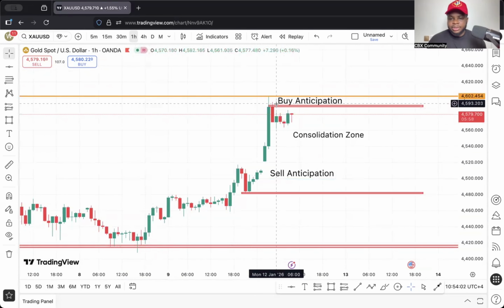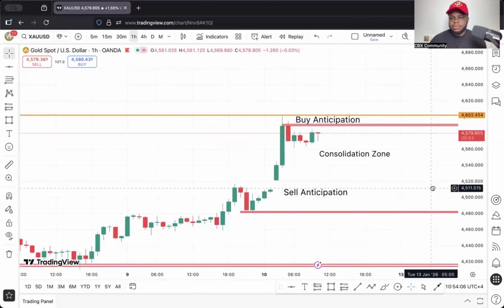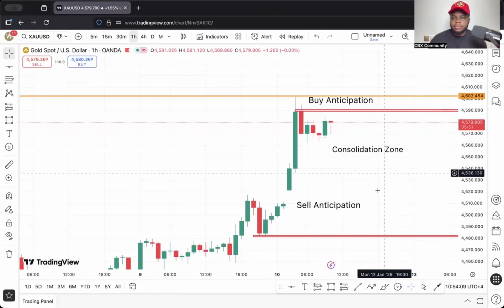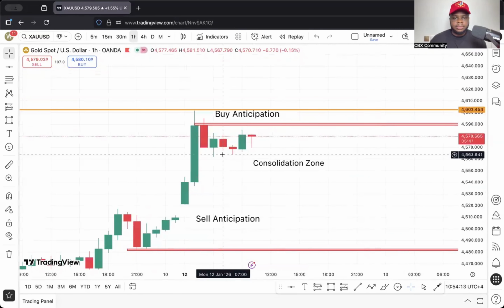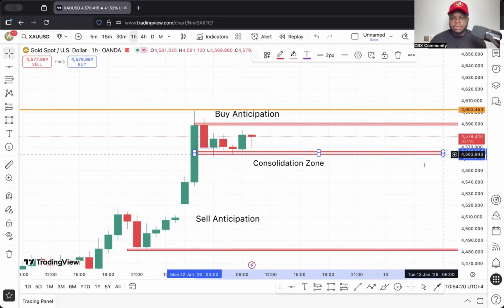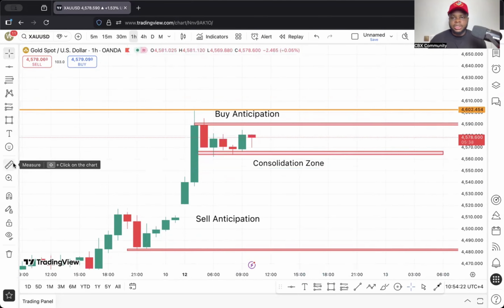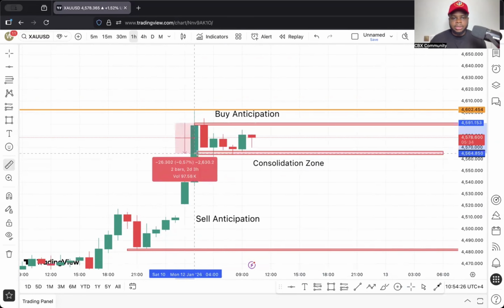So we have a resistance zone over here. So let's zoom the chart a little bit. We have a support zone over here. Let's measure the range from this resistance zone down to this support zone.